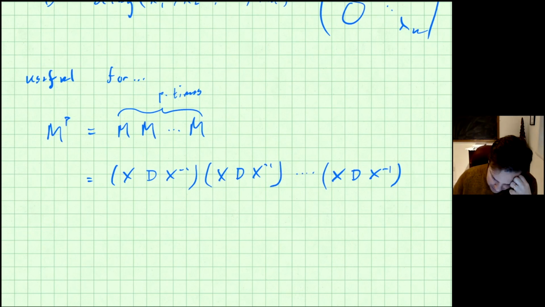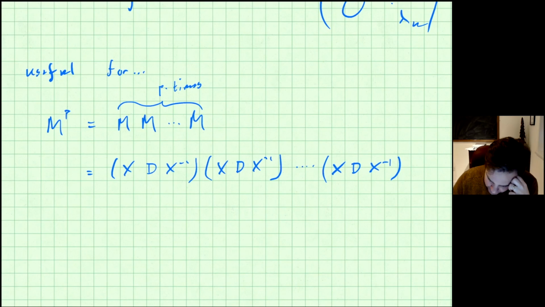And again, there's P of those parenthesized objects. Now, if you look at this and do the matrix multiplication, here you've got X multiplying its inverse, and that gives you the identity matrix. And that's going to happen at the intersection, or at the place where any two copies of M meet.